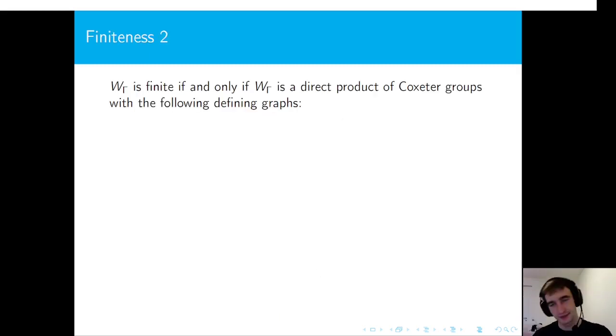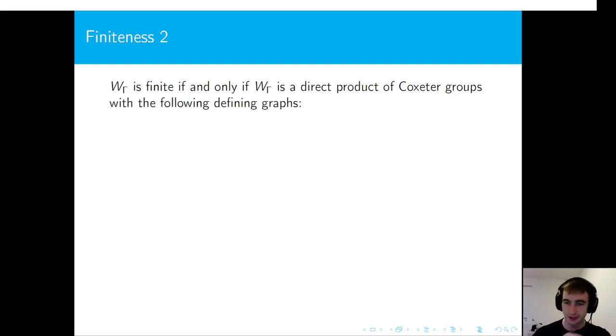And so what is this classification of finite Coxeter groups? I can't give you all graphs corresponding to finite Coxeter groups, because if I have a finite Coxeter group, then any finite direct product will still be finite.